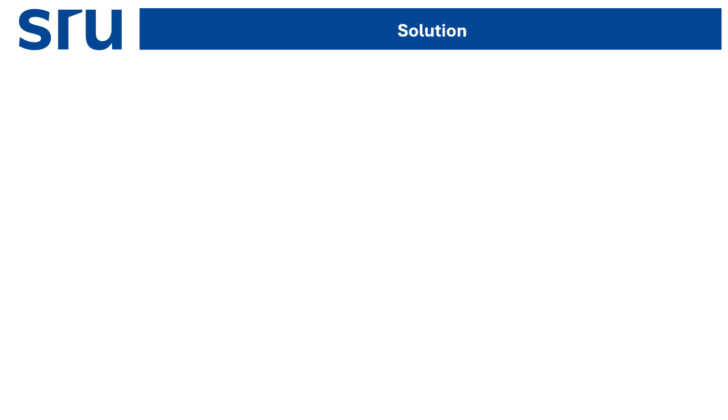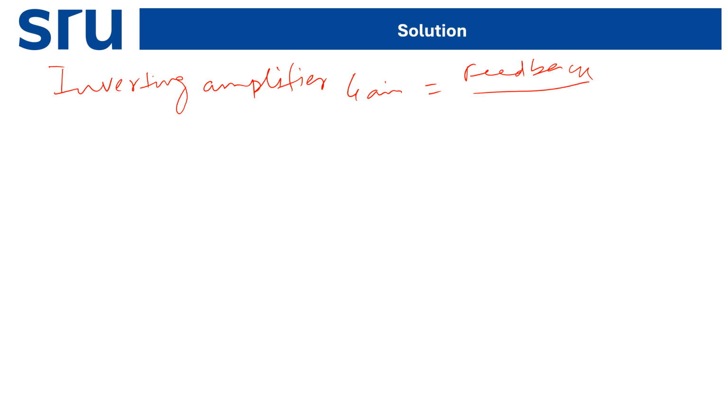Okay, so as you know, for the inverting amplifier, the gain is equal to the feedback resistor divided by the input resistor, with a negative sign.